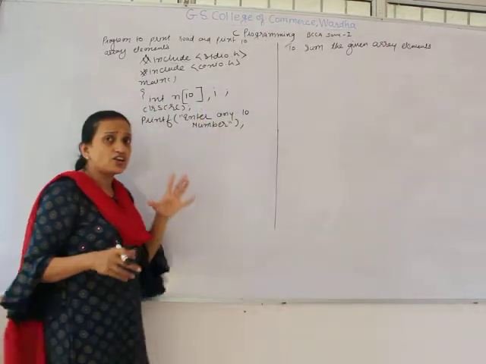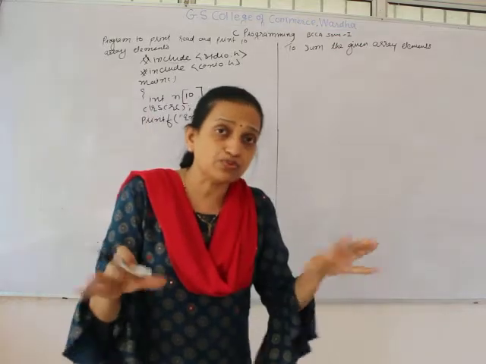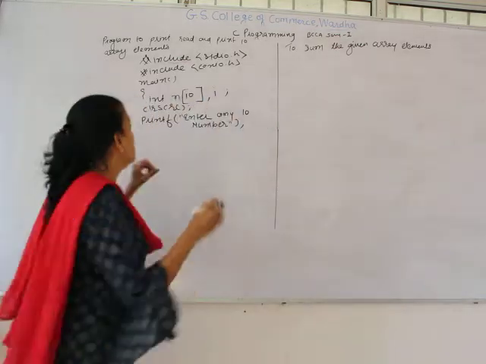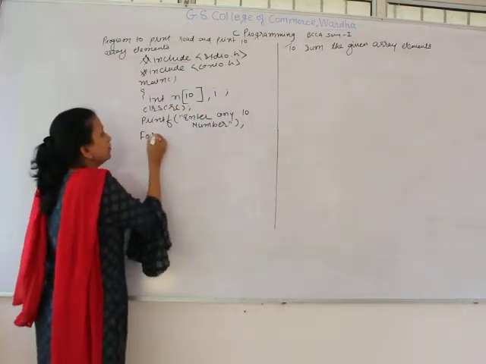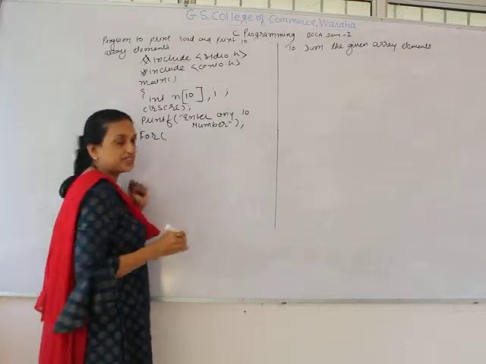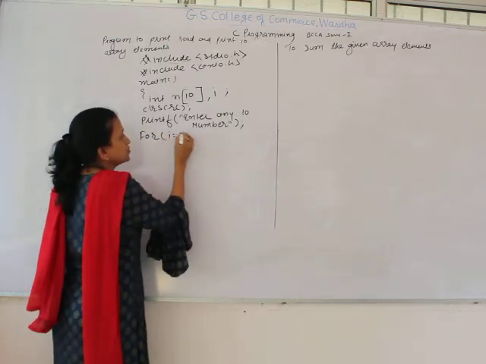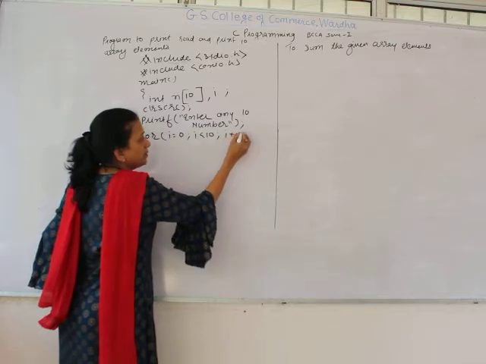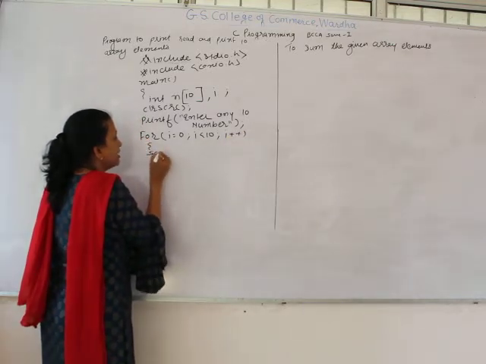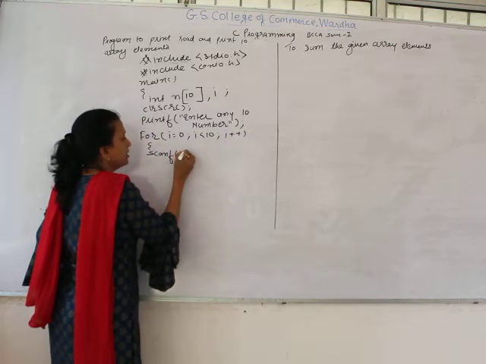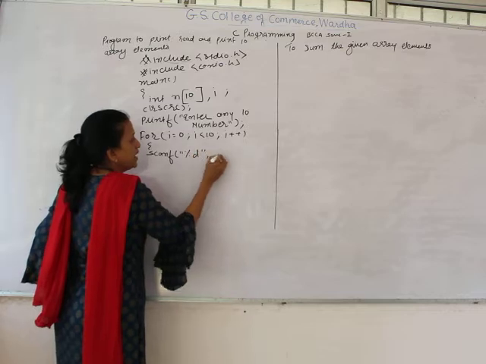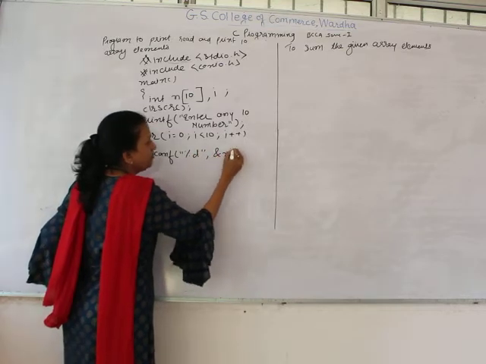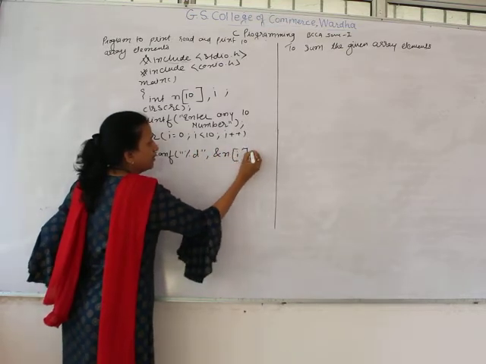So instead of writing scanf 10 times, I set a for loop for the scanf statement: i = 0; i < 10; i++. Here scanf("%d", &n[i]).